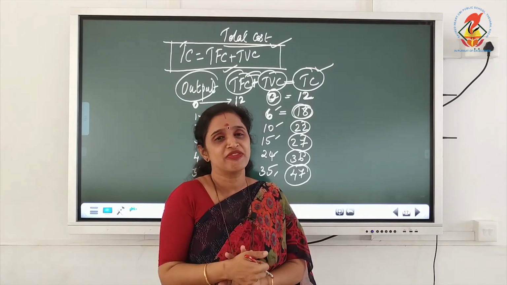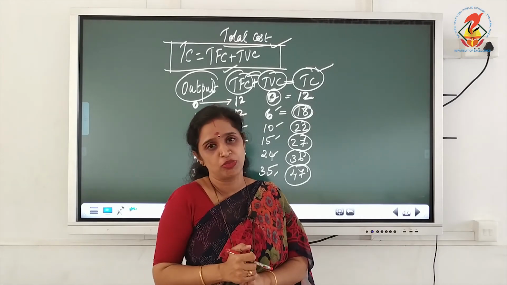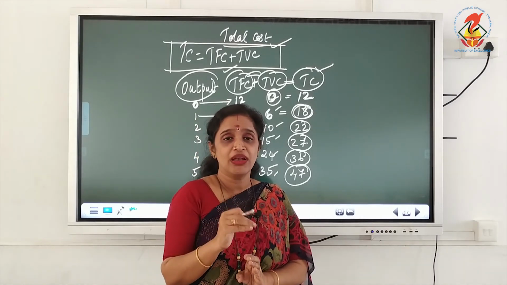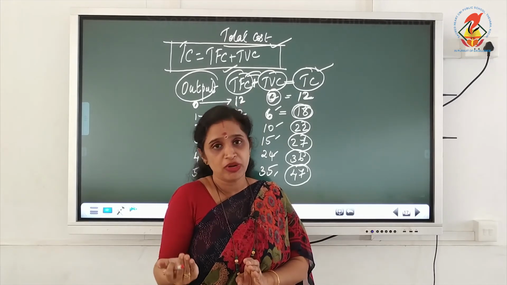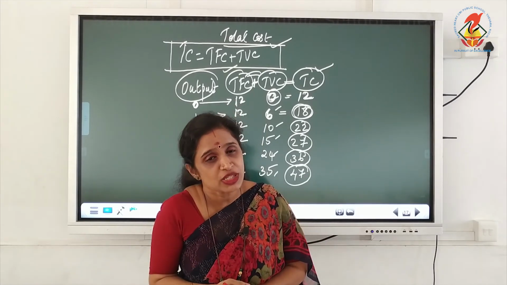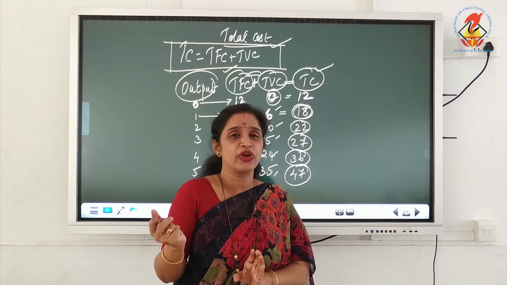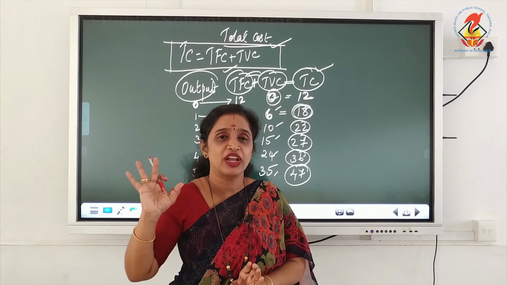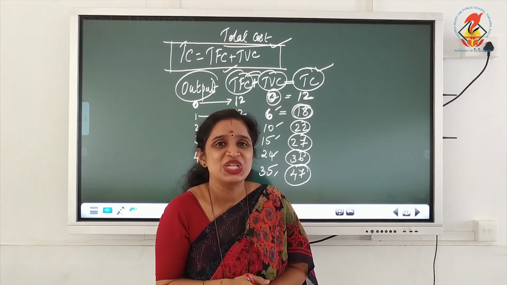That is the initial investment cost. That is the total fixed cost at zero level of output. And when the 12 total fixed cost is added to 0 total variable cost, you will get the total cost as 12. So in the initial stages, even without producing anything, you will have the total expense as 12 because there is a total fixed cost of 12.